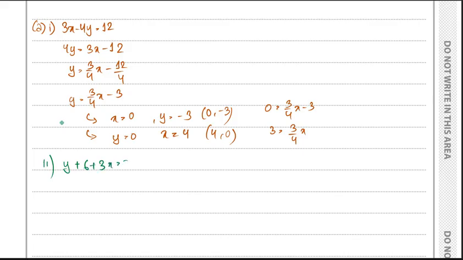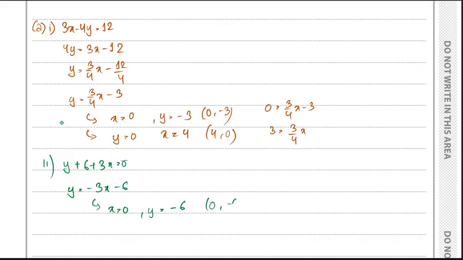So y equals negative 3x and negative 6. Again, we'll be finding two coordinates. So when x equals 0, y equals minus 3 multiplied by 0 minus 6, so we'll be left with minus 6.